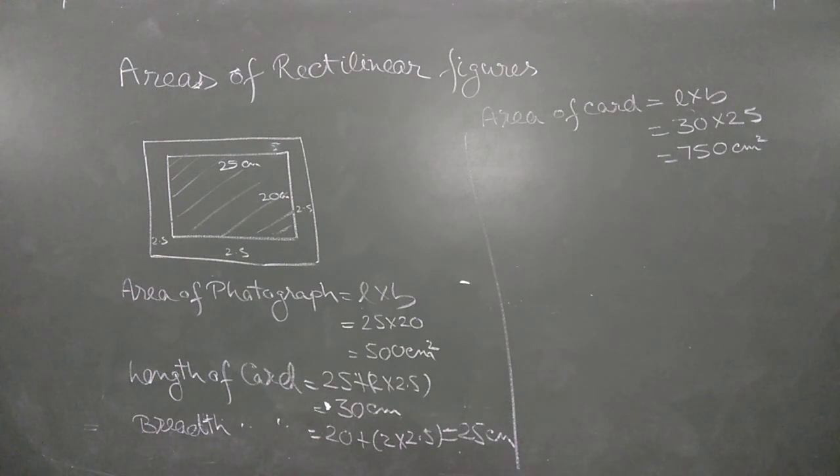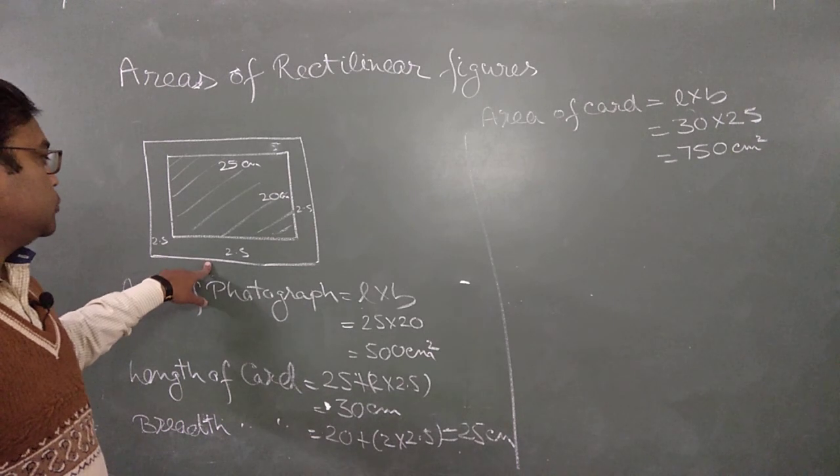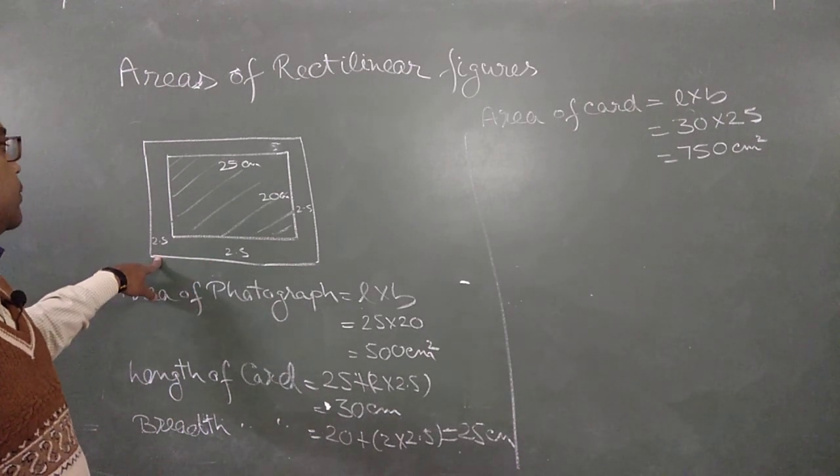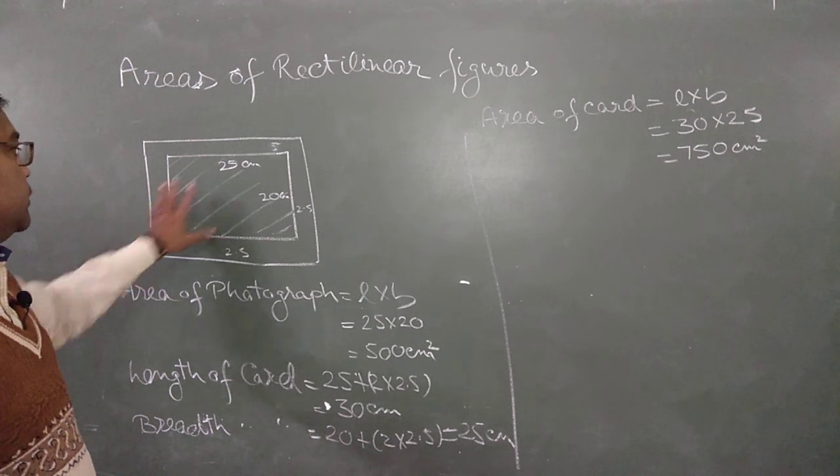Now this is not the solution, it's a half solution. The question says, what fraction of the card is covered? So for this we have to find the total area, and this area is covered.